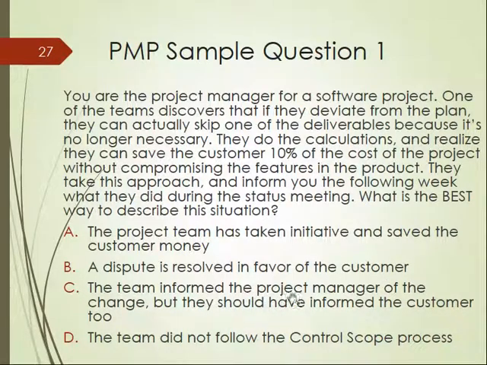C: the team informed the project manager of the change. So please study these answers. I'm going to ask you to choose one in 30 seconds. And if you don't raise your hand, then I may ask you to explain why you don't raise your hand, okay? Then you have to explain.